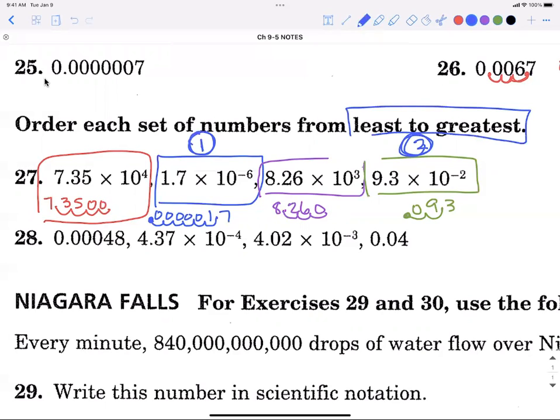All right. What's my next greatest number? I'm going from smallest to biggest. Red was 73,500. Purple is 88,260. So which one is going to be next up in the smaller to bigger?